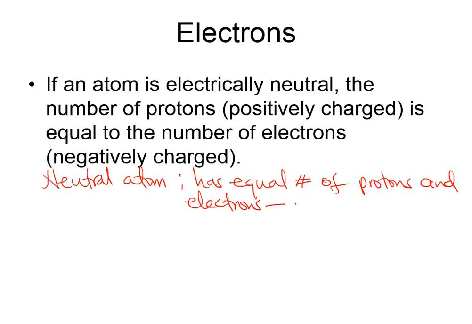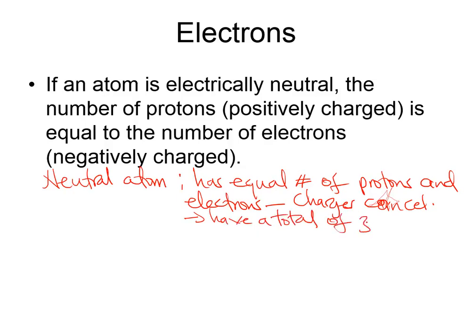When you have equal numbers, the charges will cancel, so in the end they have a total of 0 charge. So a neutral atom does not have charge because it has an equal number of electrons and protons which cancel each other. One is positive, the other is negative, so they cancel each other.